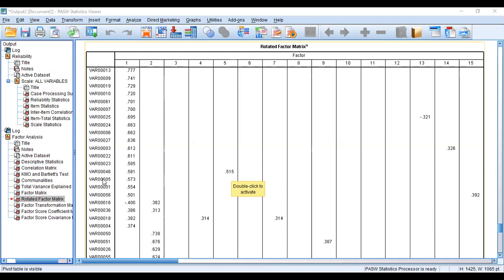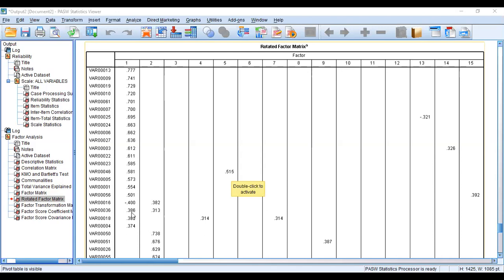Similarly, question number 16 is again clubbed under factor 1 and factor 2, but we'll see the mod value, and the mod value is higher for factor 1. So question number 16 has clubbed under factor 1.